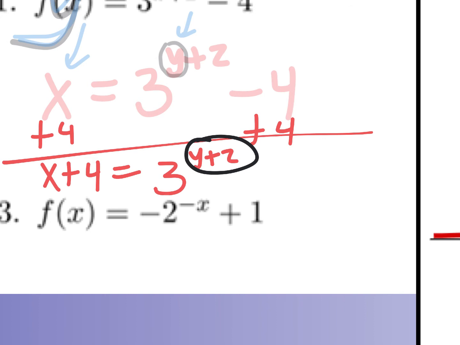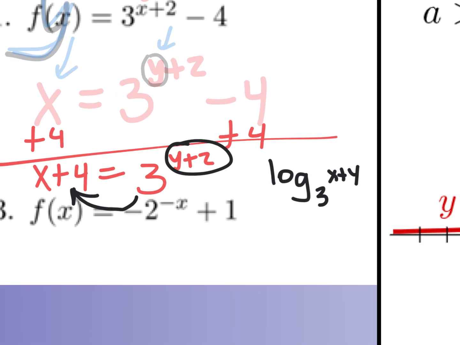Okay, so now I rewrite this as a log. Log, and what is the base in this question? Log base 3. And then do you just go in order? No, you jump around. You go to this side, x plus 4. And I'd prefer that in parentheses, but as long as we just go right to the equals, it'd probably be okay. Equals, jump back around, y plus 2.